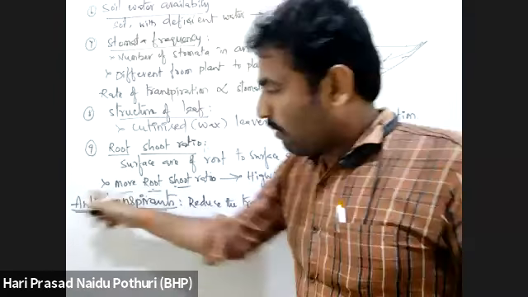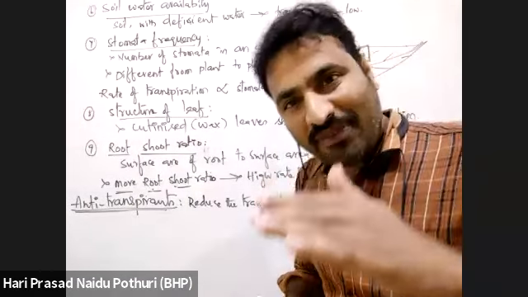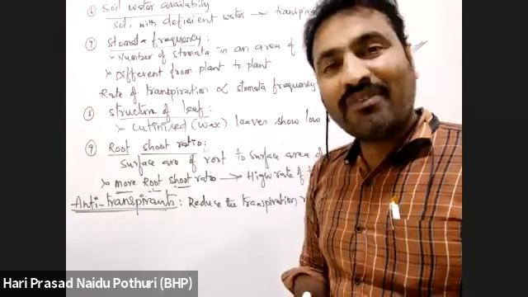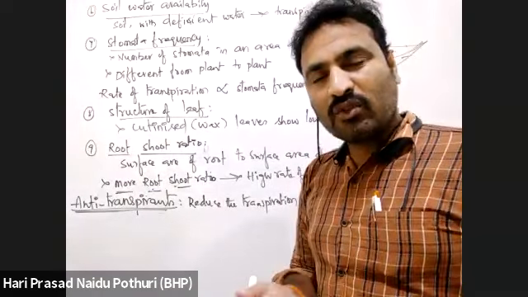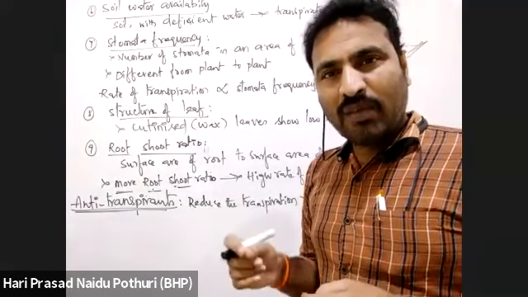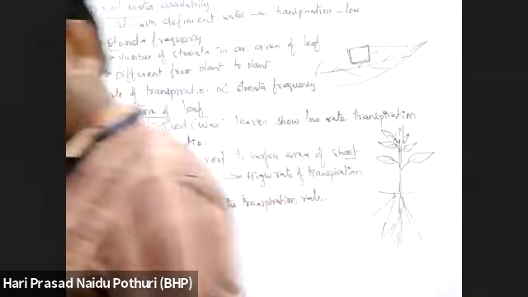If we provide an anti-transpirant to the plant, the rate of transpiration will decrease, so there is no loss of water through transpiration. The available water can be managed for plant growth and photosynthesis.